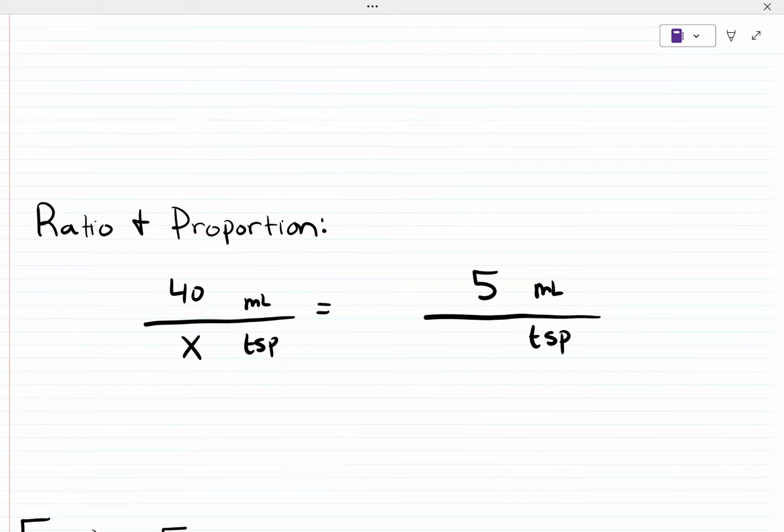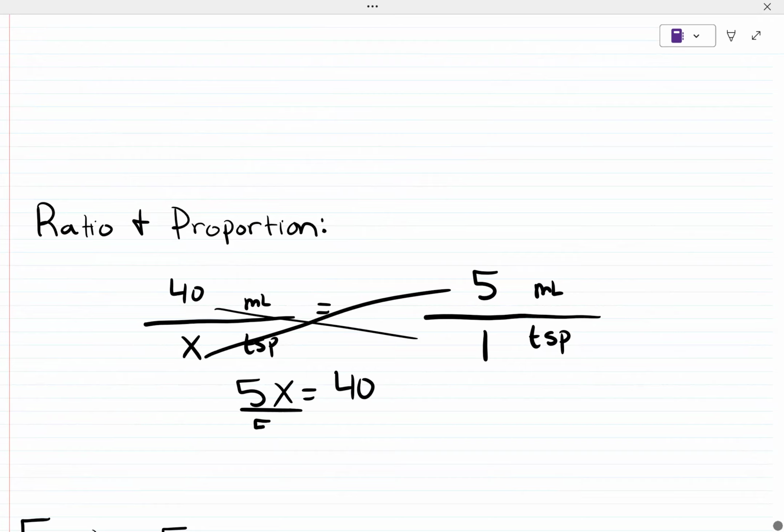For 1 teaspoon, there are 5 milliliters. And then cross multiply, so that's 5x equals 40 times 1, which is 40. Solve for x, so you divide both sides by 5, and 40 divided by 5 is 8.